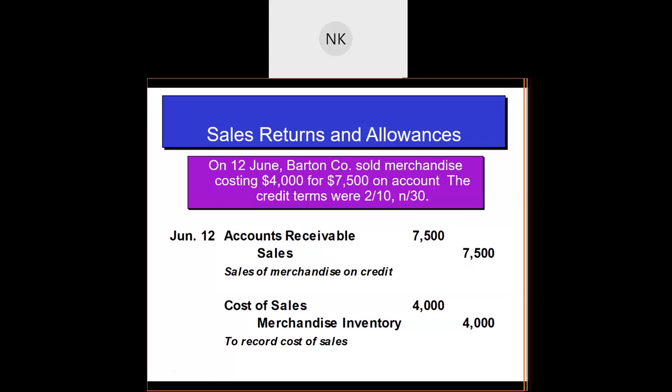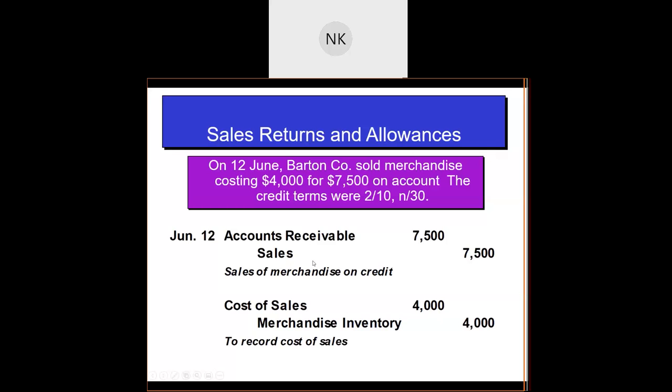First, you record the transaction that happened on the day of sales. That is the usual one. So they sell 7,500 with the cost of 4,000. AR 7,500, sales 7,500, and then cost of sales 4,000, merchandise inventory 4,000.